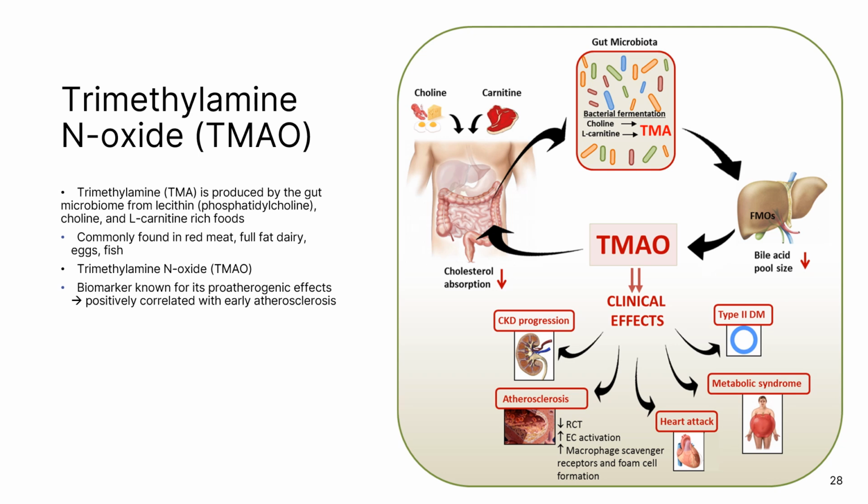TMAO is produced when the TMA is metabolized in the liver. Now, TMAO is actually the biomarker that is known for its pro-atherogenic effects. So it's important to note that it is not the TMA that is produced by the bacteria in the gut, but the metabolism of TMA to TMAO that is known to cause a variety of issues with metabolic health.